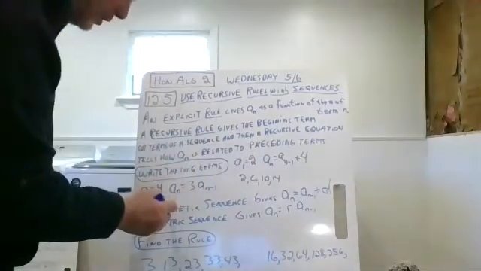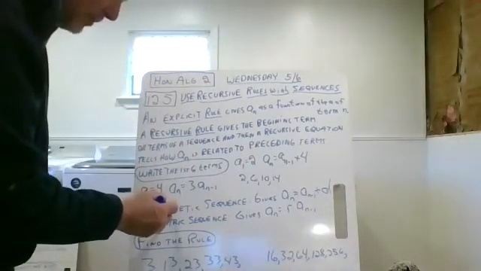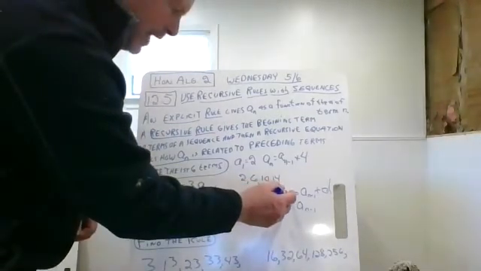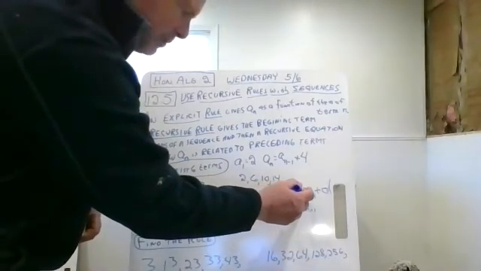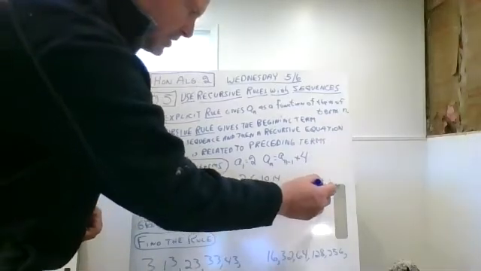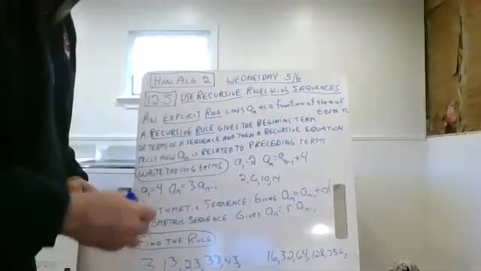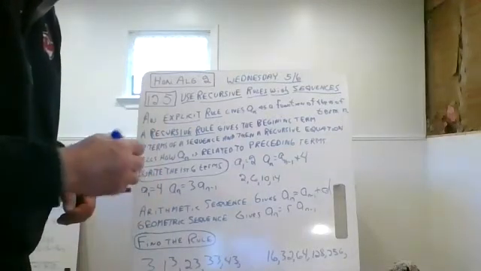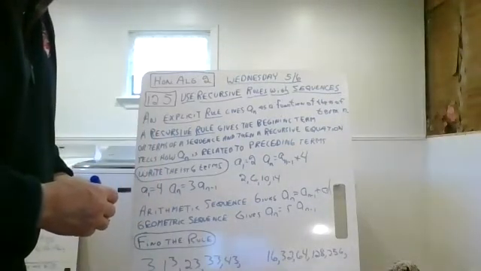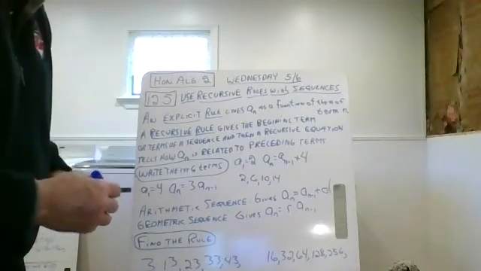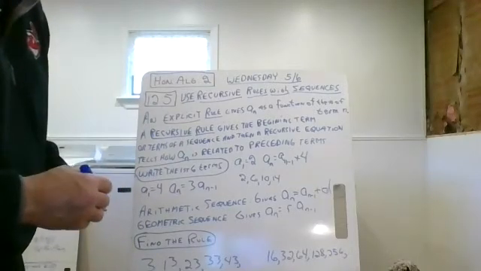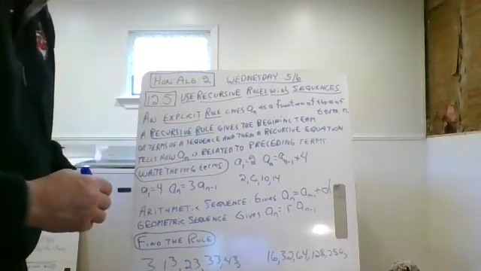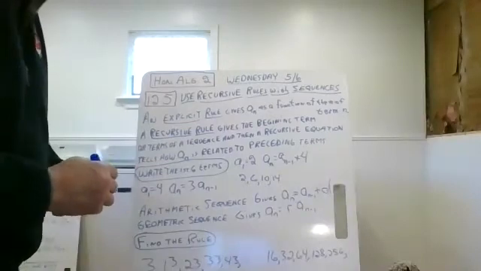An arithmetic sequence gives your a sub n as a sub n minus 1 plus d. You get your next term from your previous term plus d. So if it's an arithmetic sequence, it's easy to find the term generator. The other one it's easy for is a geometric one.